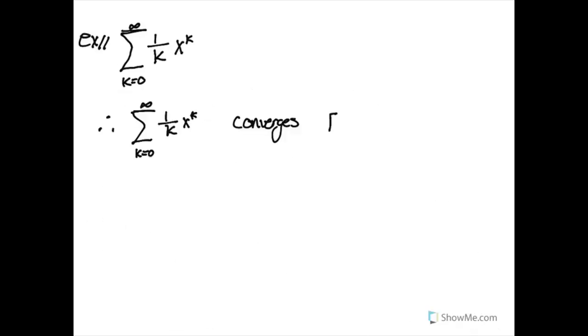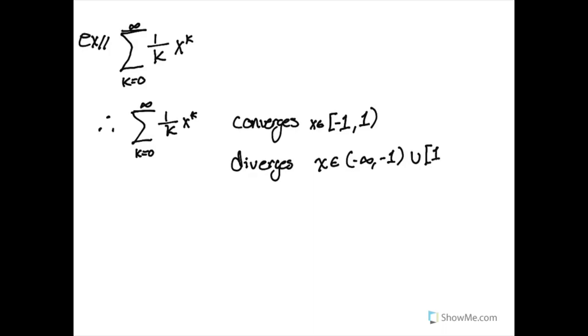So it converges on the interval closed minus 1 and open 1. And it diverges, right, so this is x, and it diverges for x in minus infinity to minus 1, not including the minus 1, union, this time we're including the 1, to infinity, right, because it diverges at 1 and that interval.